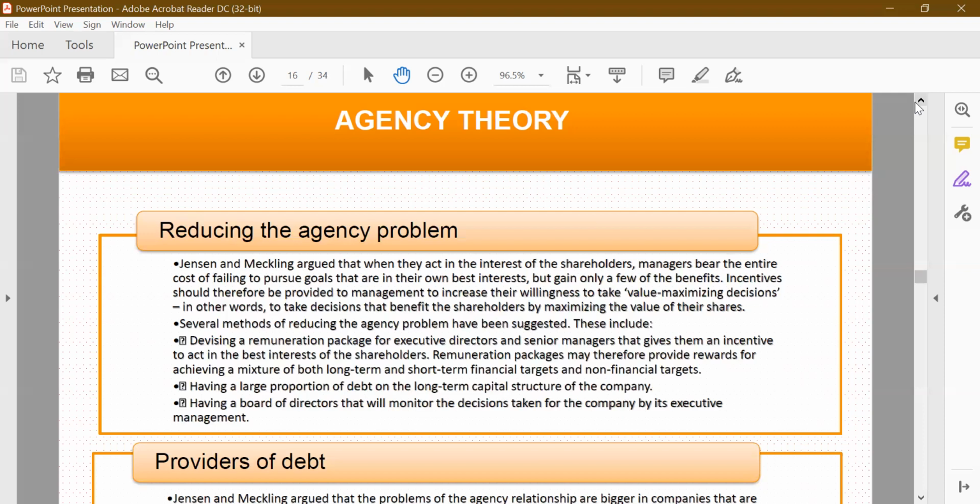Now, there are several methods of reducing the agency problem. Number one is devising a remuneration package for executive directors. The remuneration package must be designed properly to achieve a mixture of both long-term targets and short-term targets.